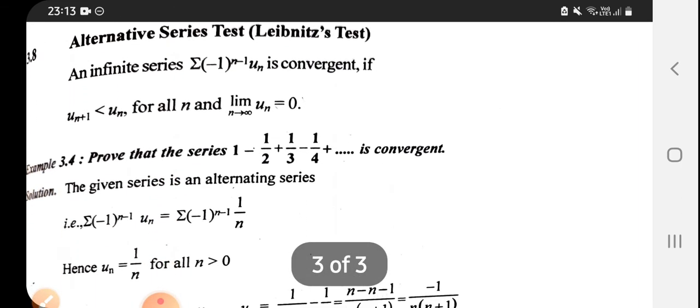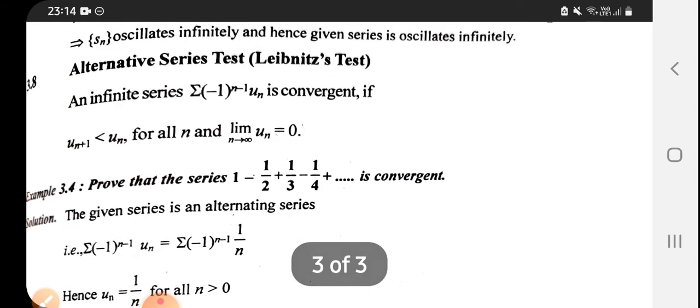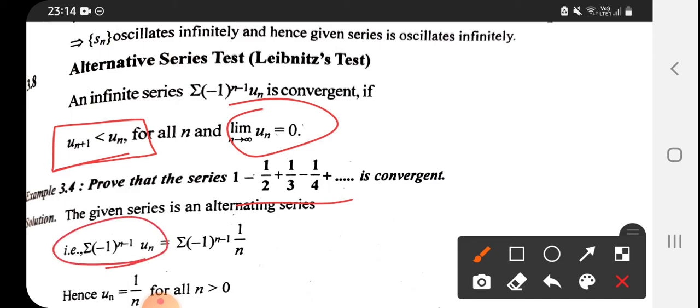Alternating series test or Leibniz test. In the Leibniz test, limit n tending to infinity un is equal to 0 and un plus 1 is less than un. That means any term is less than its preceding term. Here we see alternating minus and plus signs, and summation minus 1 to the power n minus 1 un.